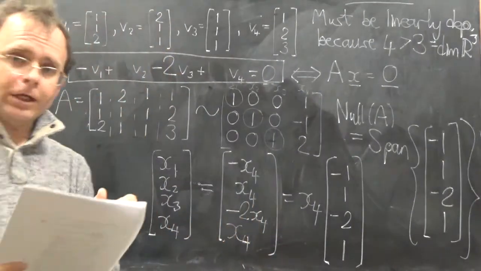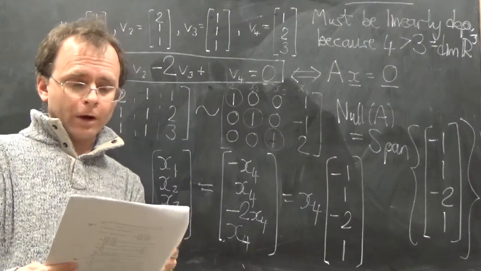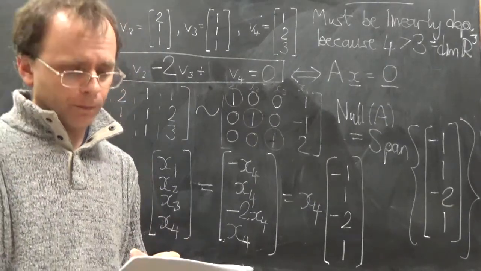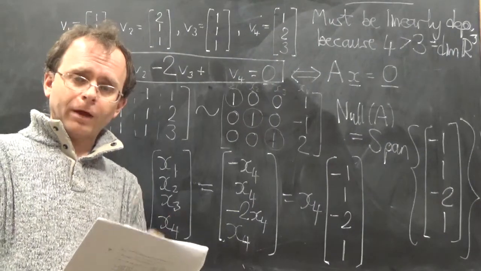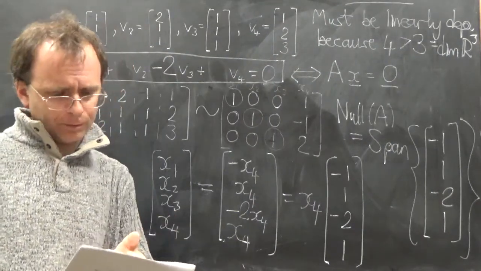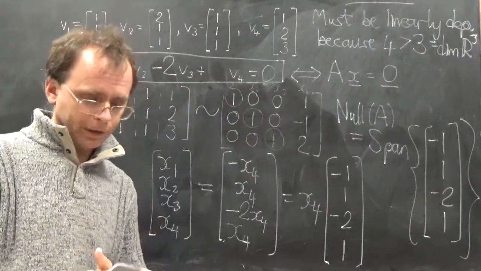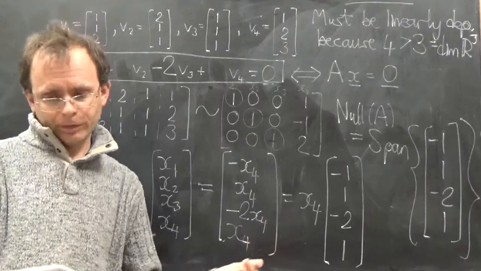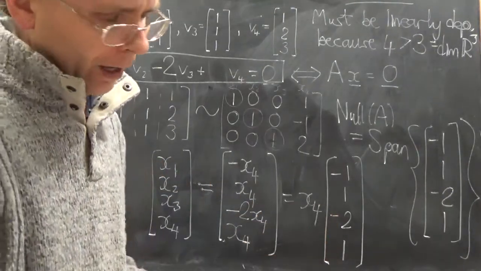Hence express each vi as a linear combination of the others. Now, the first time I set this question, many people forgot to do that bit, they overlooked that bit. So I put in this bit in brackets saying, don't forget this bit, exclamation mark. And lots and lots of people forget to do that bit.